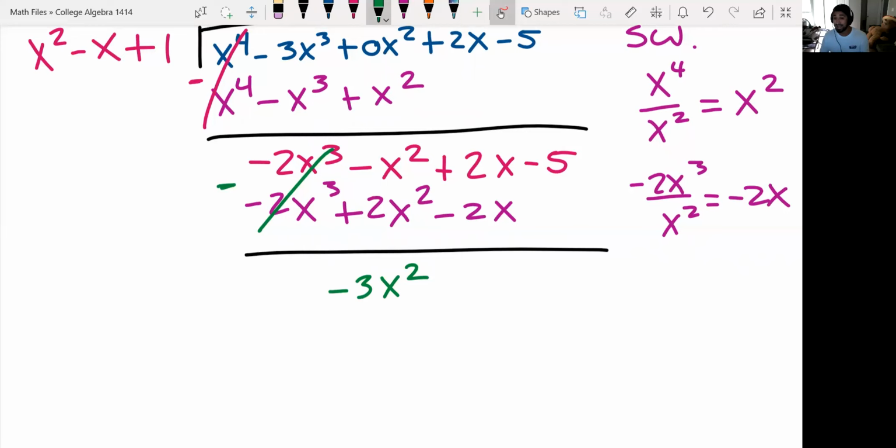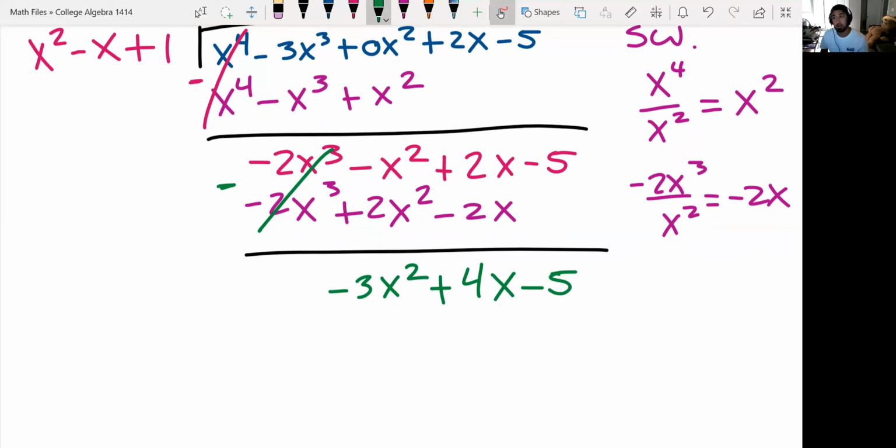Negative 1 minus 2x squared is negative 3x squared. And then the next one, 2 minus negative 2, minus minus is going to make positive 4x, and that 5 comes down.